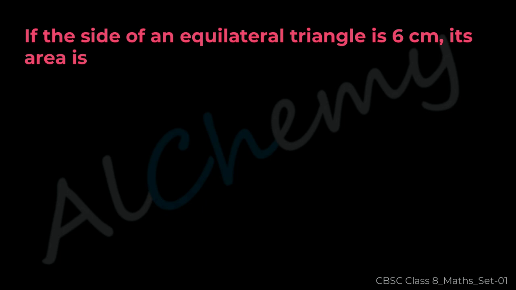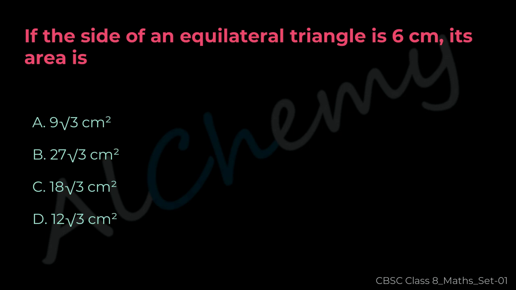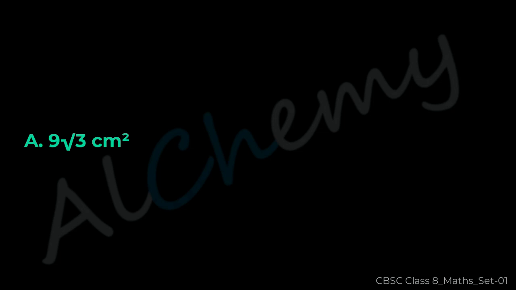If the side of an equilateral triangle is 6 centimeters, its area is A 9 3 cm superscript 2, B 27 3 cm superscript 2, C 18 3 cm superscript 2, D 12 3 cm superscript 2. The correct answer is A, 9 3 cm superscript 2.